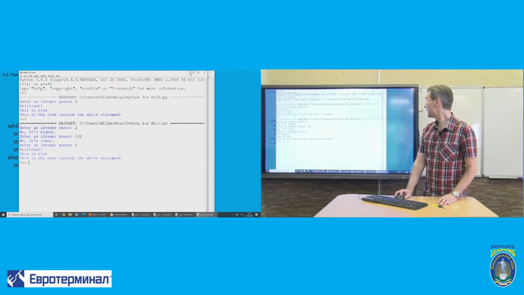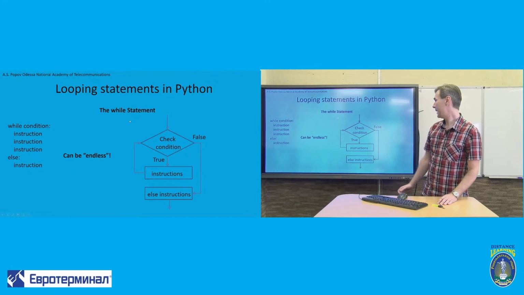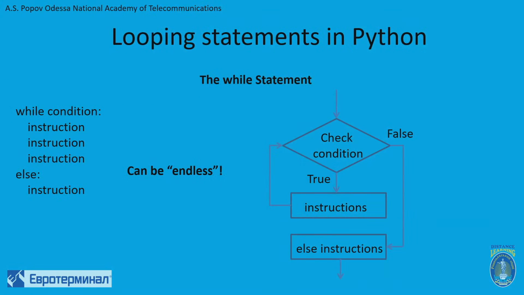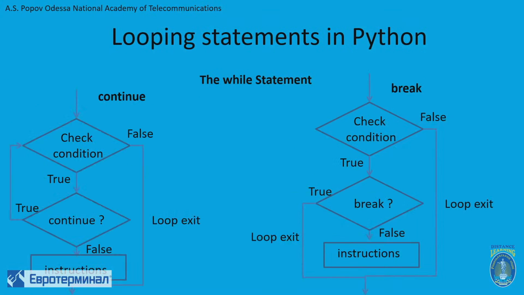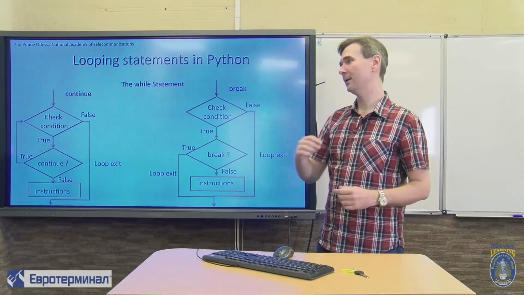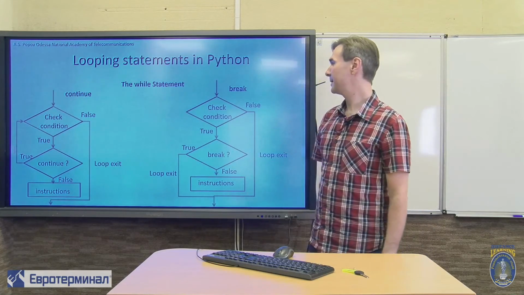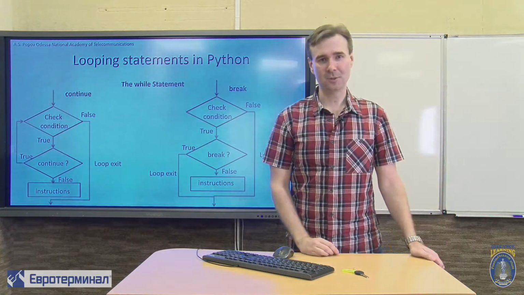The question is, how can we stop the execution of a loop if we want to? There are two keywords helping us with this task. These are continue and break. Let's start from break. The idea of break is to stop the cycle completely and exit the loop even without executing the else instructions.